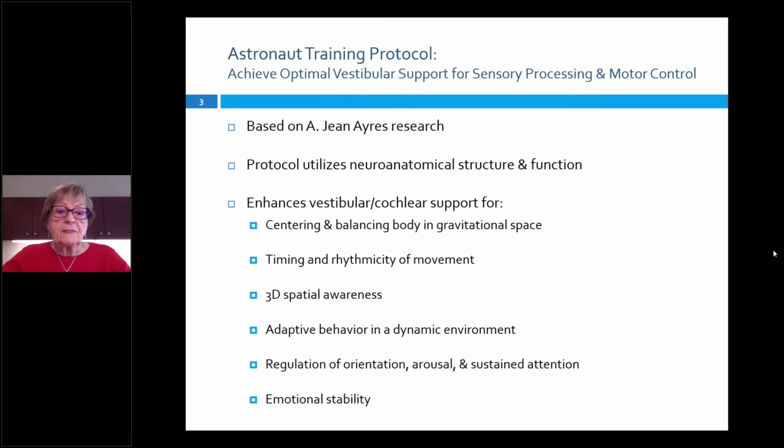So the activation of this vestibular cochlear system is what provides many different kinds of support for activities such as being able to have a sense of centeredness, you know, to be able to balance in the field of gravity, to have your body properly oriented, to be safe and functional, which is critical under all conditions.